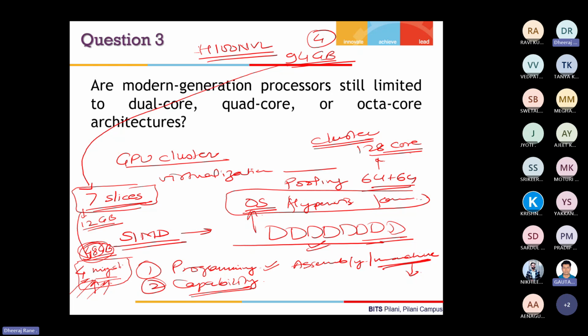As far as hardware limitation is concerned, definitely a threshold may come, because if you keep increasing the number of cores beyond a certain limit, the same problem of heat dissipation and performance per watt will be there. So the industry has to balance it.